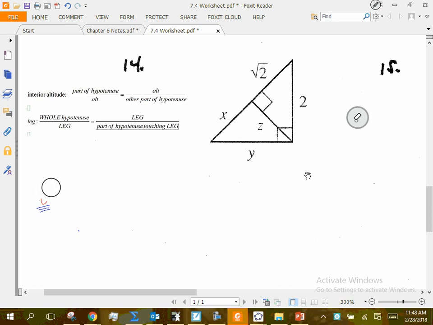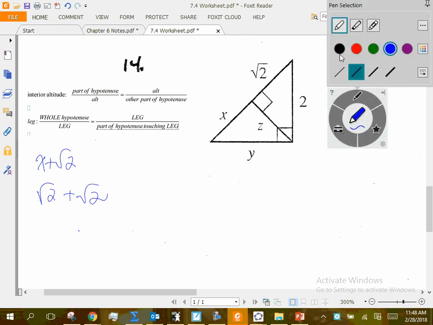There's a situation in here where you have to add radicals, because I think you get x plus radical 2, right? And when I substitute radical 2 in for x, I get this. Does anybody know how to do that? Does anyone remember how to add radicals? Yeah. How? 2 plus 2. Nope. If you did that, you're telling me you're going to get radical 4, right?